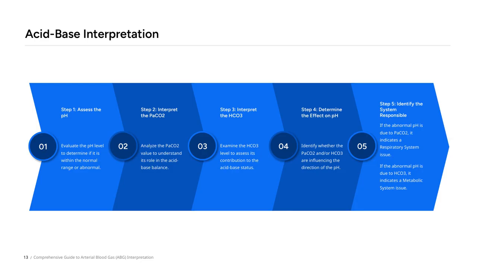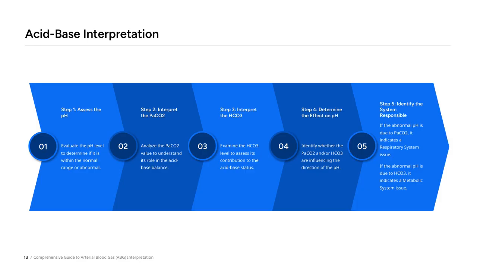An elevated PaCO2 suggests respiratory acidosis, while a low PaCO2 indicates respiratory alkalosis. Then, in step 3, we look at the HCO3 level. The bicarbonate reflects the metabolic component. An increased HCO3 points to metabolic alkalosis, and a decreased HCO3 indicates metabolic acidosis.